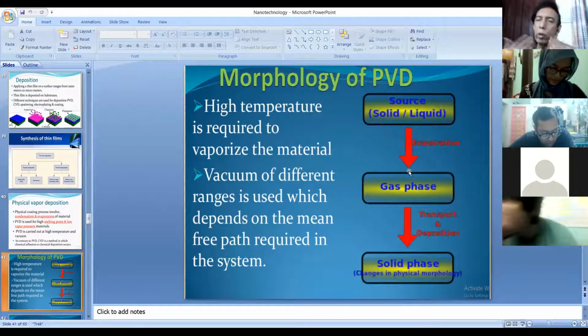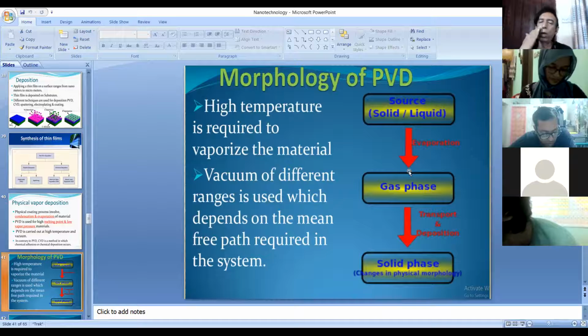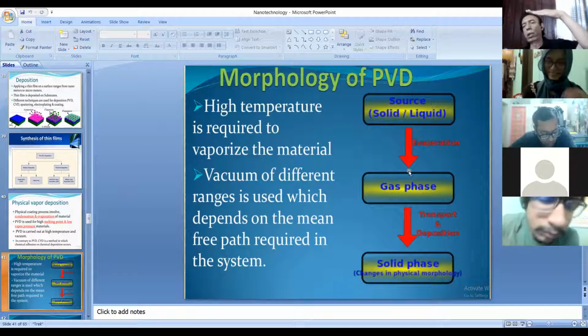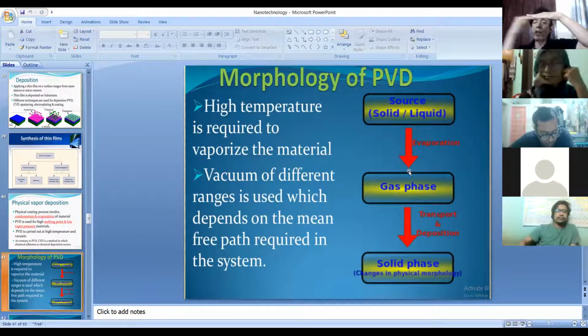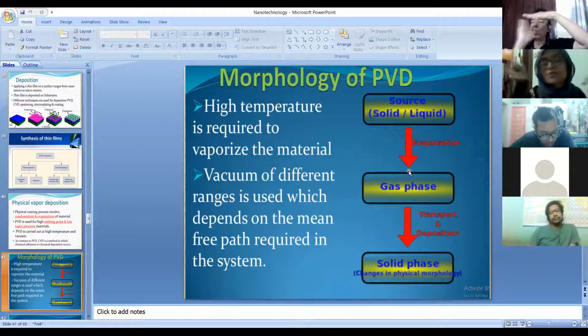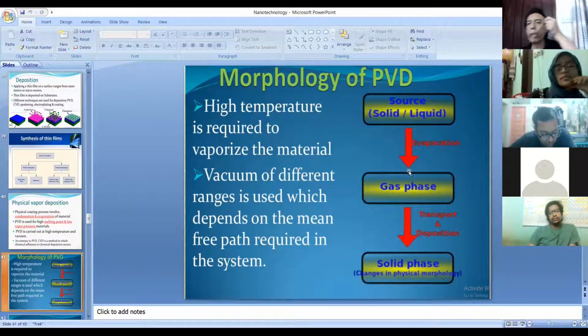So how can you understand, or how can you see, whether a monolayer of aluminum or a bilayer of aluminum is produced? You have to characterize the thin film, to see whether a monolayer or bilayer of aluminum is condensed.